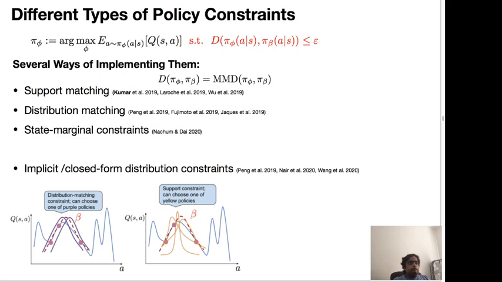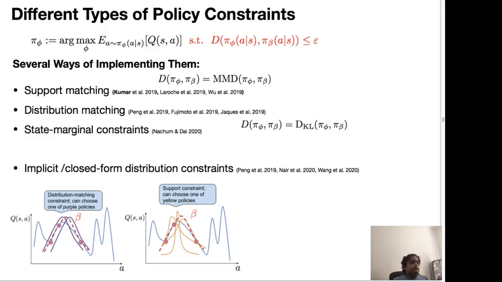The second form of constraints is distribution matching, which is the class of probabilistic distances that we typically use, like the KL divergence, the total variation divergence, etc. These distances try to make sure that the distribution pi phi of a given s is close to the distribution pi beta of a given s.